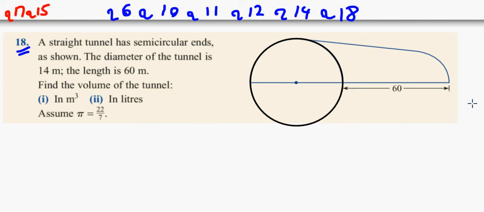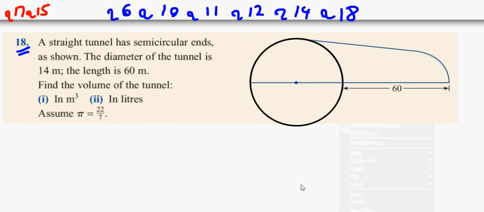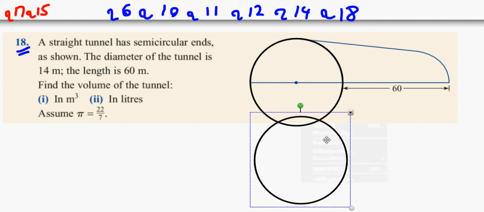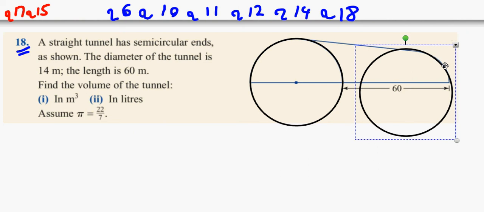So just get the volume of the full cylinder, and then you can half the answer to get the volume of half a cylinder. It's a cylinder, so just get the volume of the cylinder and half it.